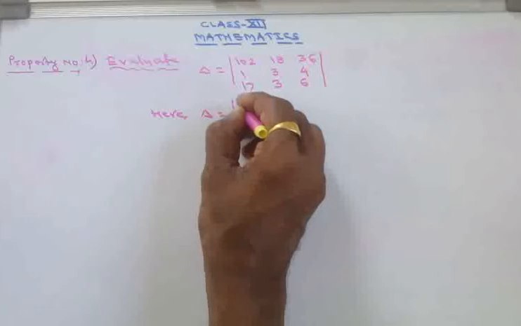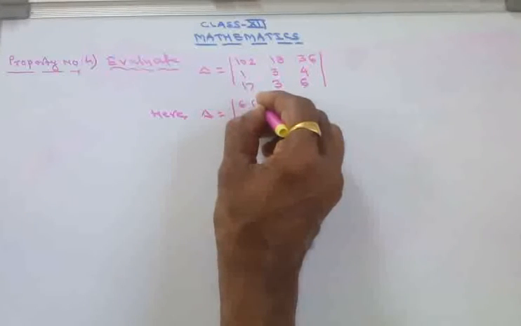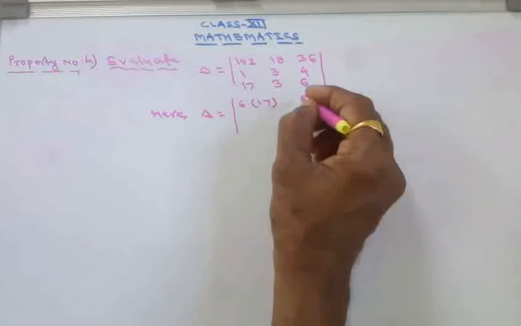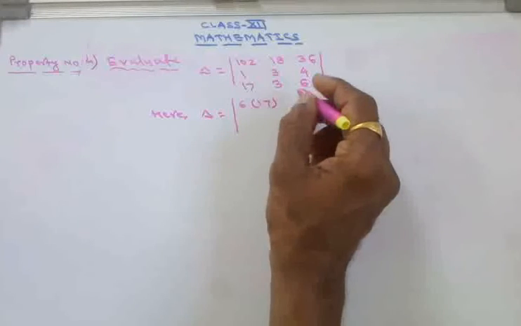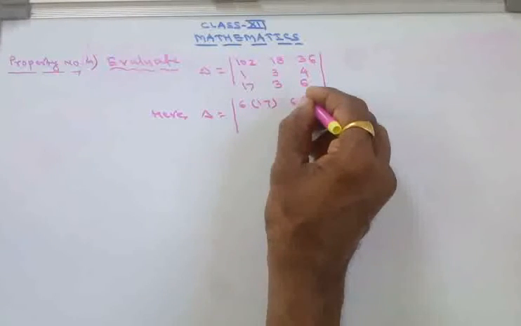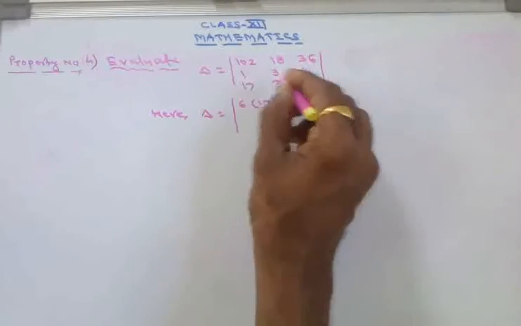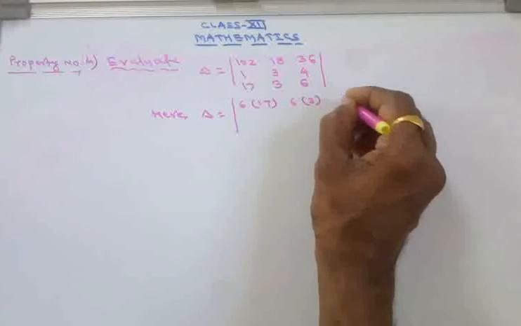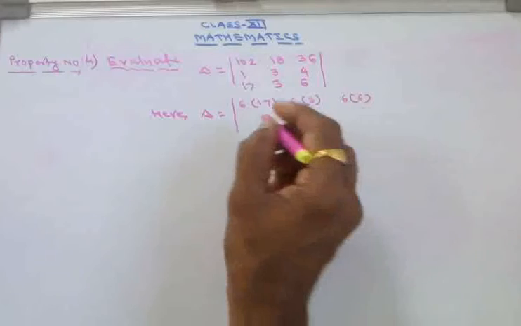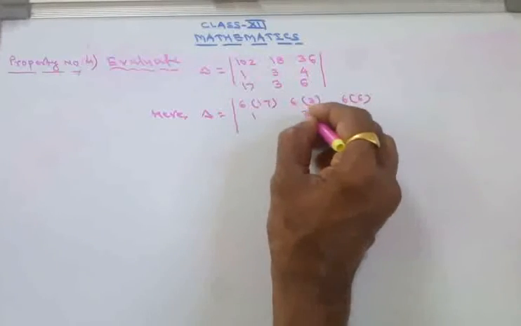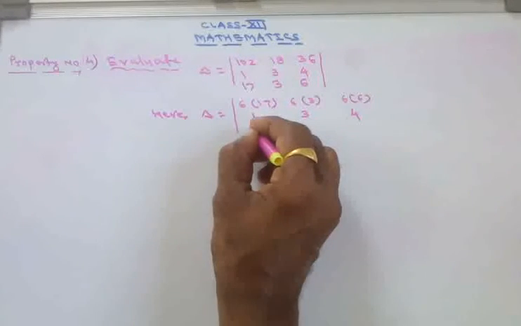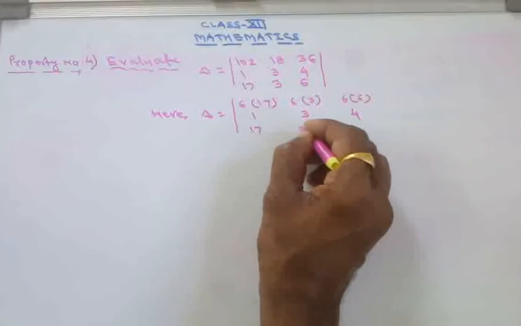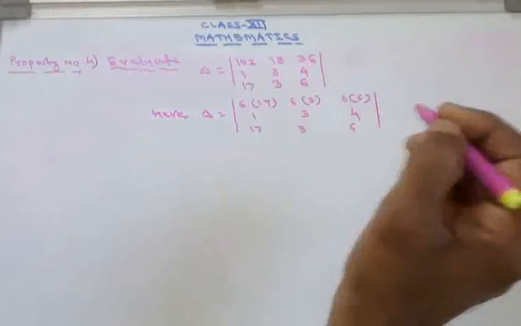So I can write 6 into the determinant with first row 17, 3, 6, then 1, 3, 4, 17, 3, 6.